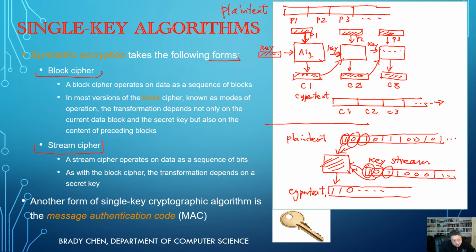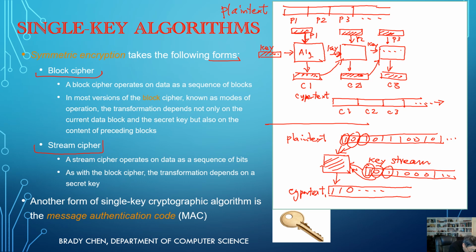It could be like 64 bits. It's not going to be a very long key string. So once we have a key, we can use the algorithm to generate the key string. How long is the key string? It could be as long as the plaintext.